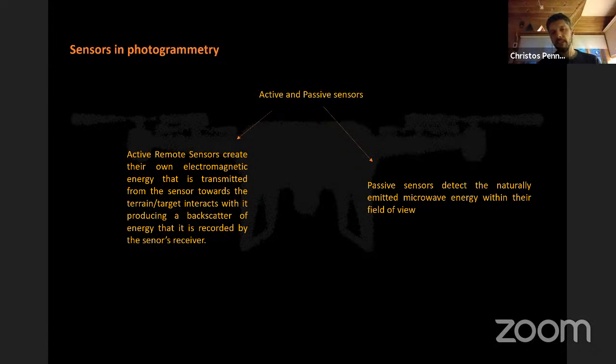Whereas with the passive sensors, we can only detect the naturally emitted microwave energy within their field of view. The field of view means that we have different types of sensors that cover different areas of the spectrum. So these sensors can only detect the naturally emitted energy, i.e. the sunlight.